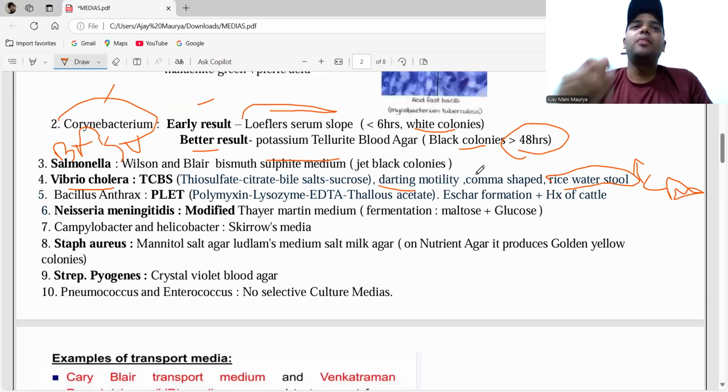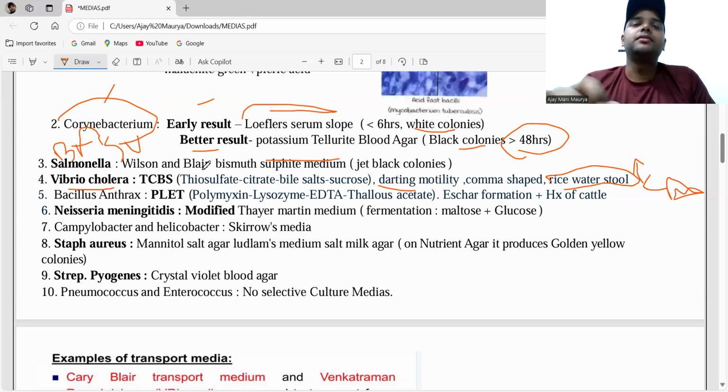It is comma shaped. What is the shape of the Corynebacterium? It is a Chinese letter. Vibrio cholerae is comma shaped, causes rice water stool due to an increase in cAMP, and the culture media is the TCBS, thiosulfate citrate bile salt sucrose.